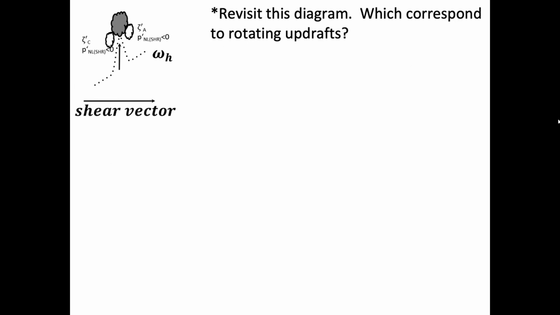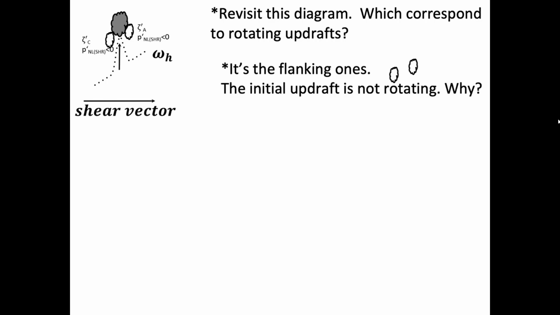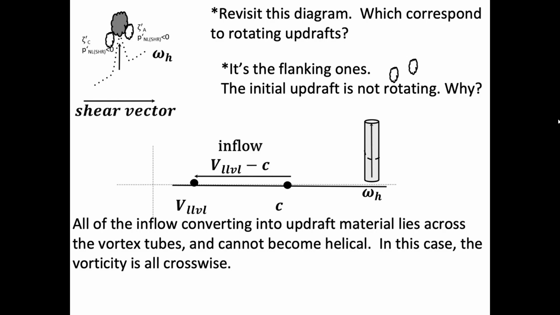So again, looking at this diagram, the initial updraft, gray shading, is not rotating, but the subsequent cross-shear flanking updrafts that are aligned with the vertical vorticity are the ones that are rotating. The fundamental reason the initial updraft is not rotating is that all of the vorticity is crosswise.